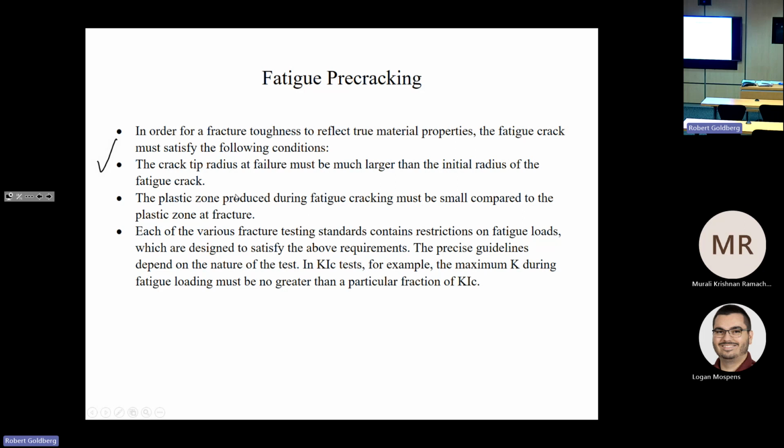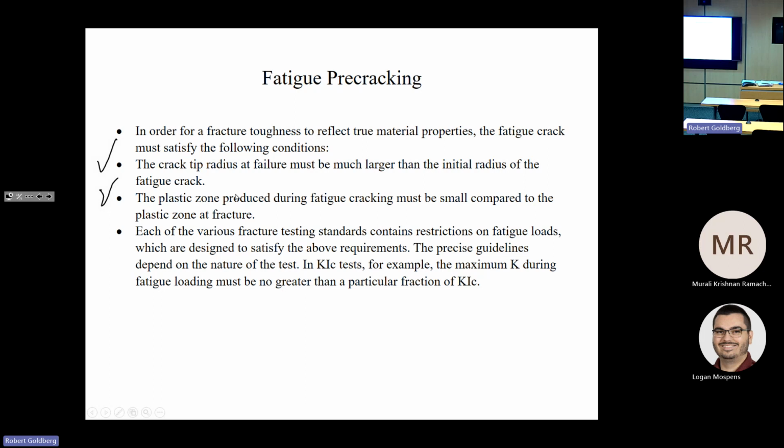So you have to look at how the cracks are going to be at failure, and you want to put in your fatigue crack such that the radius is small enough so that it has a long way to expand before it'll fail. And the plastic zone produced during fatigue cracking has to be small compared to the plastic zone at fracture.